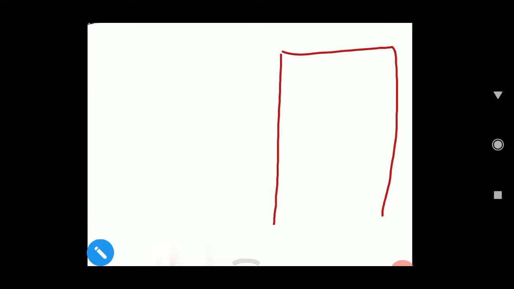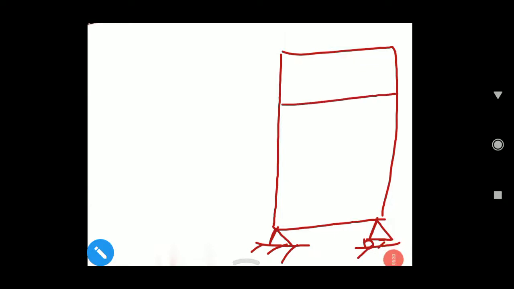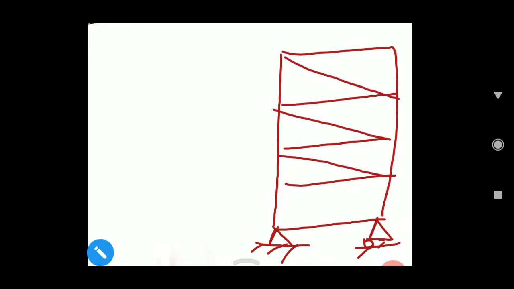Let us assume this one is the truss. Okay, these are the supports, and these are the members. Suppose we are expected to find the force in this member EF.